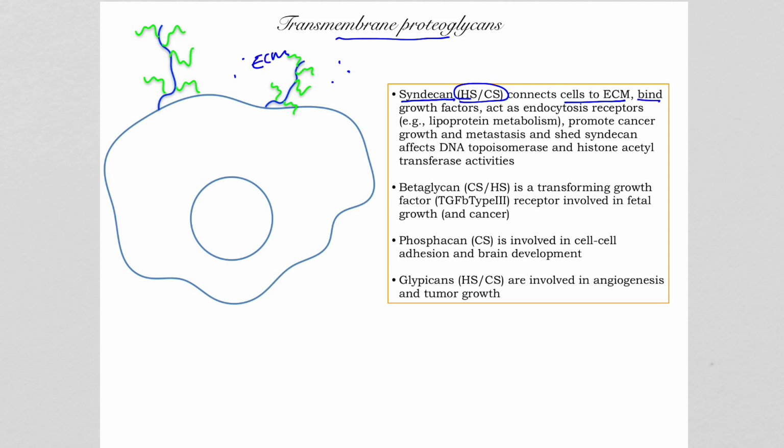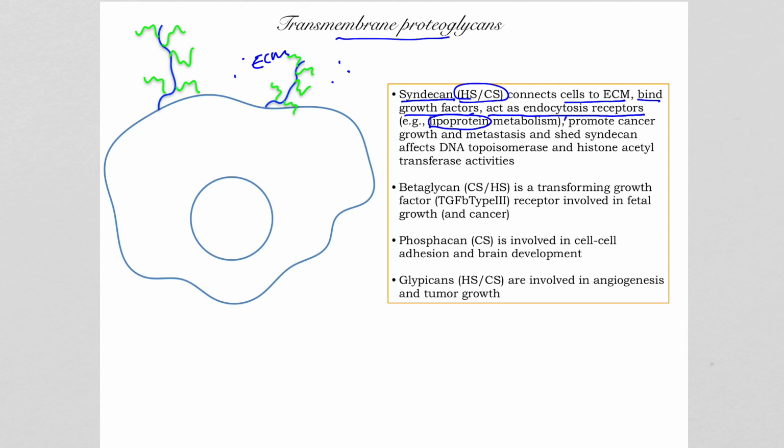They bind all kinds of growth factors that are cationic, positively charged. These proteoglycans act as endocytosis receptors. For example, they can act as receptors for various lipoproteins.